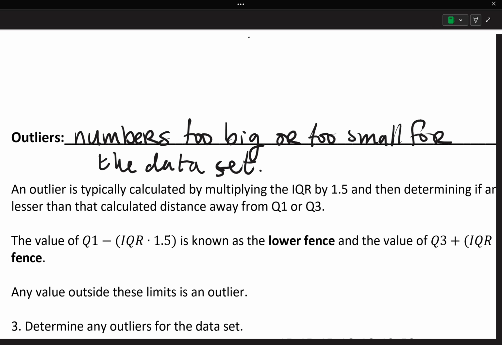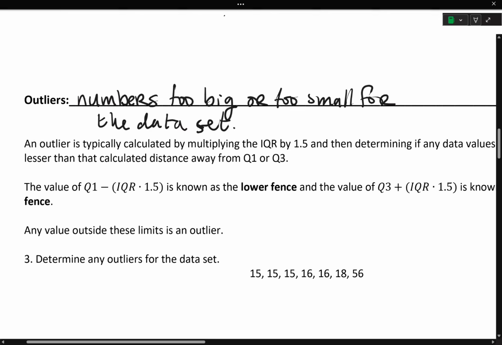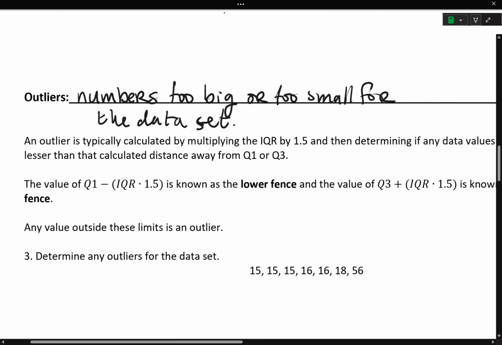Now, sometimes they're going to be obvious, other times they will not be obvious. So we have a little formula for that. An outlier is typically calculated by multiplying the interquartile range by 1.5 and then determining if there are any data values lesser than the calculated distance from Q1 or Q3.